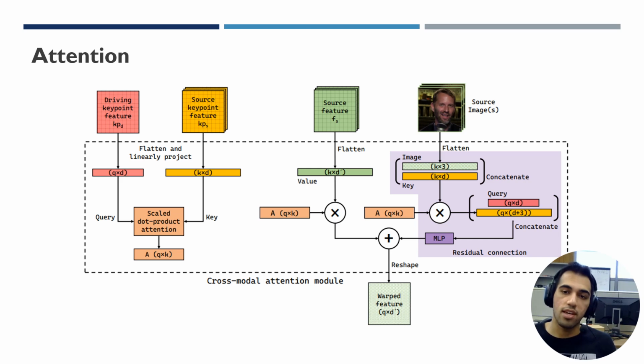In the end, they gather the results from the previous attention model, which as I said worked similar to a normal transformer model, combine them with the result of the multi-layer perceptron, and add them together, and that is going to be our feature representation, which they use to generate the new image, which we see as a normal image in the end.